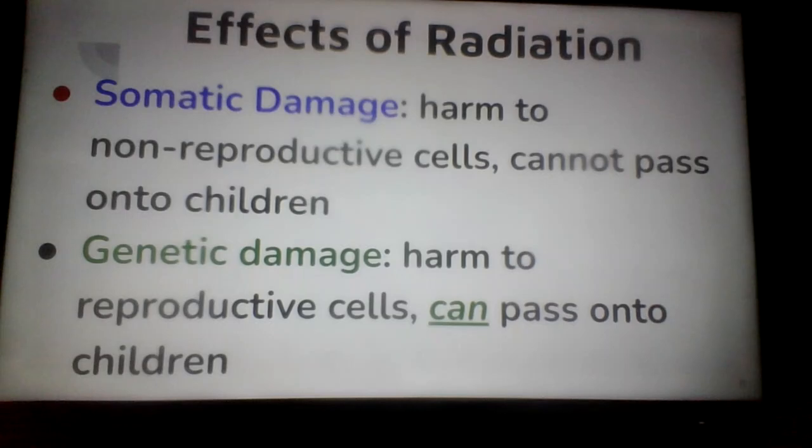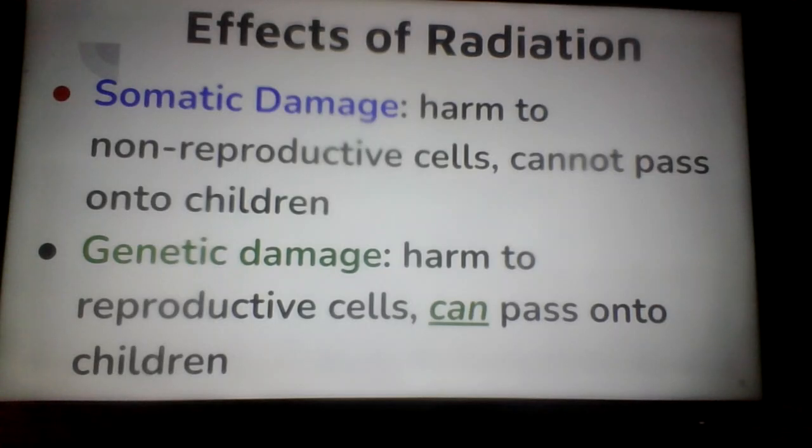If your reproductive cells are harmed, then this can pass on to your children. So you want to make sure if you have any problems, when you have children, get them tested, make sure they stay healthy, and get treated early if necessary, because unfortunately this does happen. Somatic damage, non-reproductive, does not pass on to children. Genetic damage harms reproductive cells and can pass on to children.